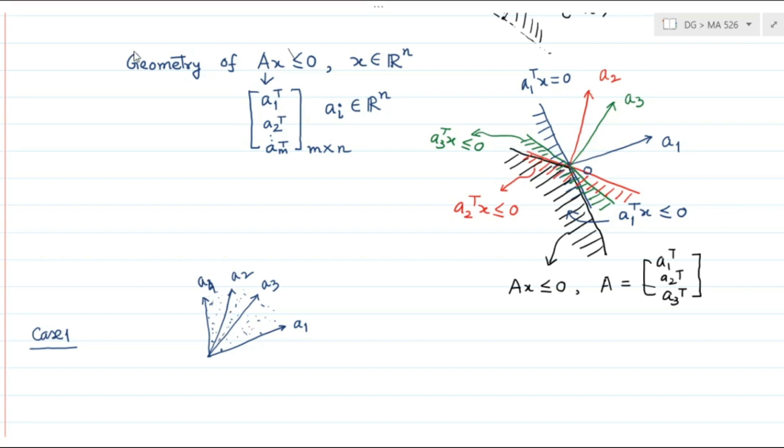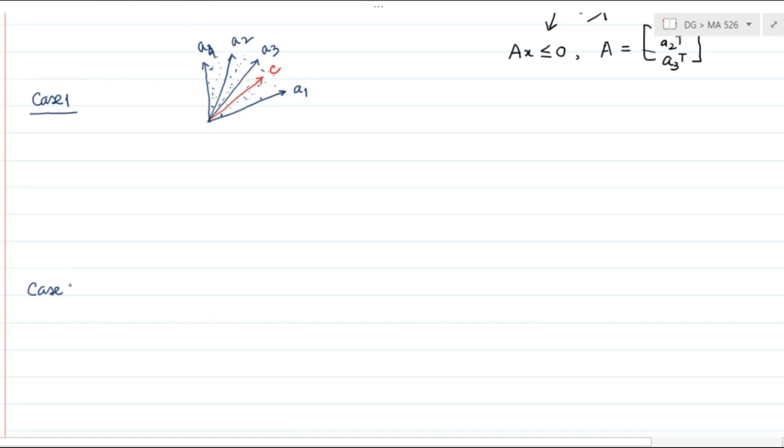And you note that you have two possible cases. Either C belongs to this cone, let's suppose C is over here, or otherwise, case 2 is C is outside this cone generated by A1 to A4. Let's suppose here is your A1, then here is your A4, here is your A2, and here is your A3.